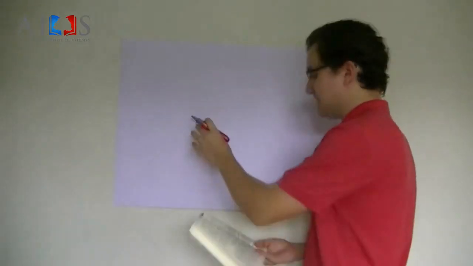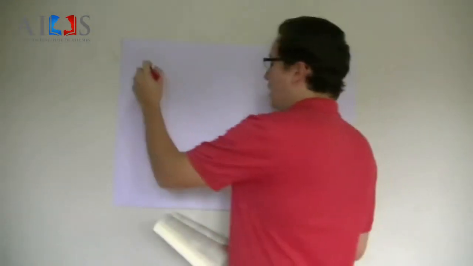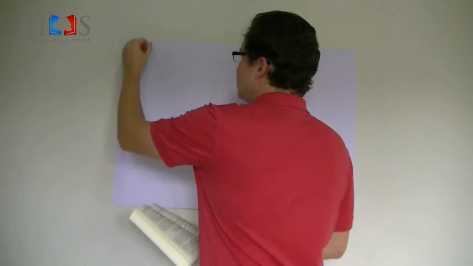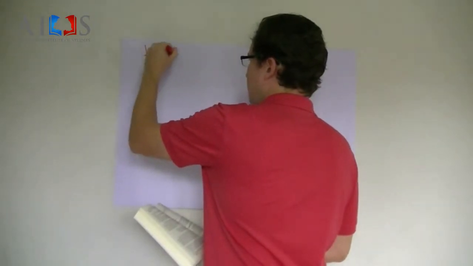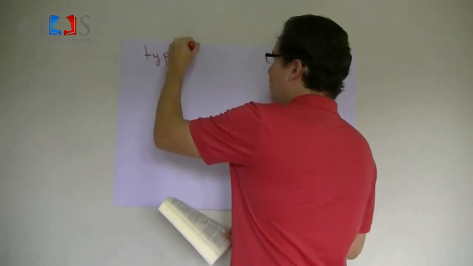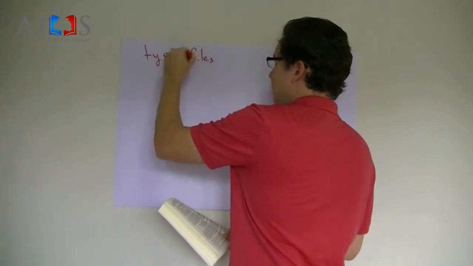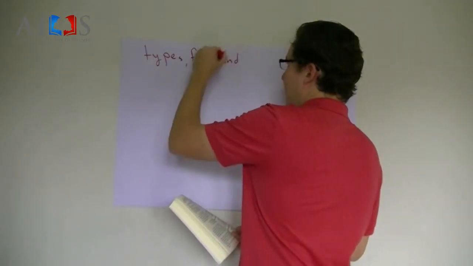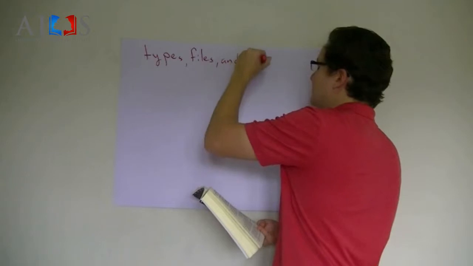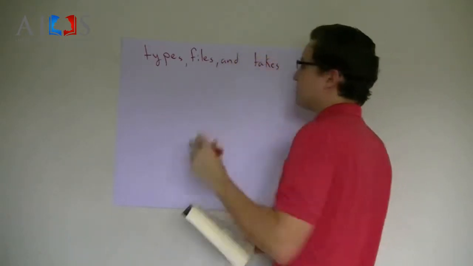If you look at the example on page 101, we have types, files, and cakes are the three verbs.